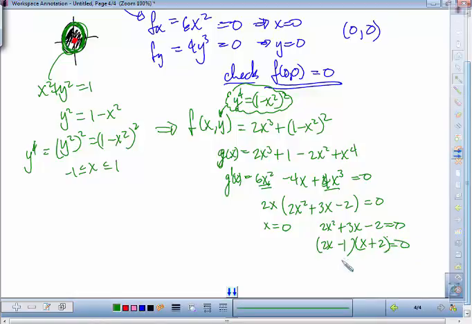So 2x minus 1 times x plus 2, you can FOIL that out to make sure that it's going to work. Looks like it'll work. So this is x is equal to 1/2 and x is equal to -2.